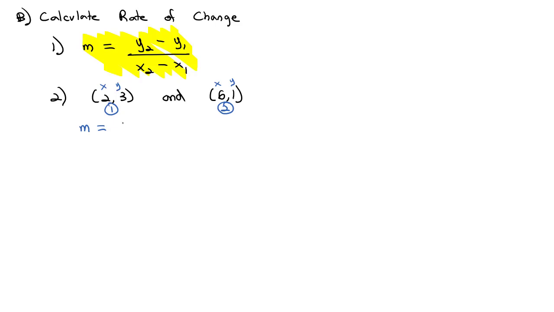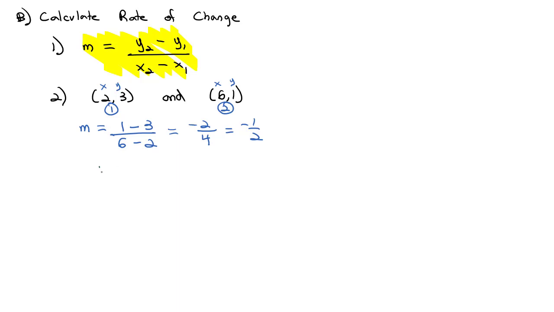So the second y here is 1, minus the first y is 3, over the second x is 6, minus the first x is 2. Well, 1 minus 3 is -2, 6 minus 2 is 4, and I can reduce that fraction to -1/2. I now know m, my slope, my rate of change is -1/2.